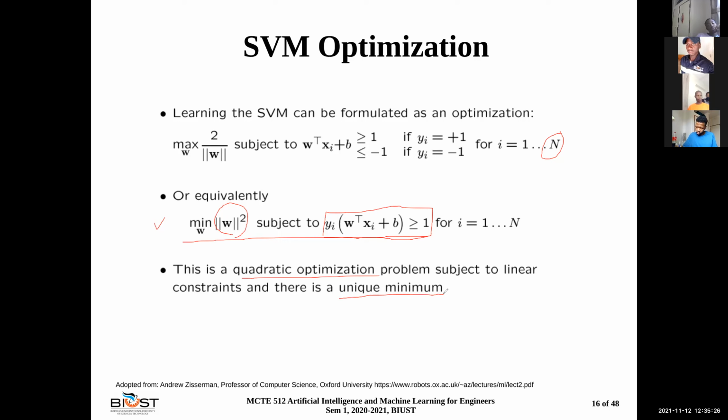Any questions? Why do you think this is squared? Will it make a difference if you have a square here or no square?